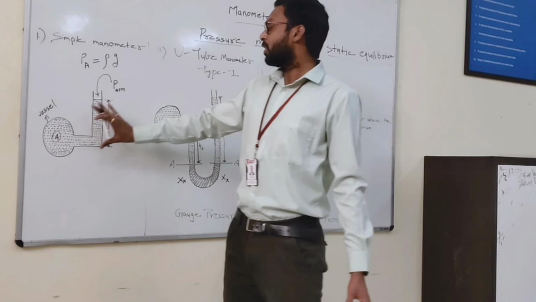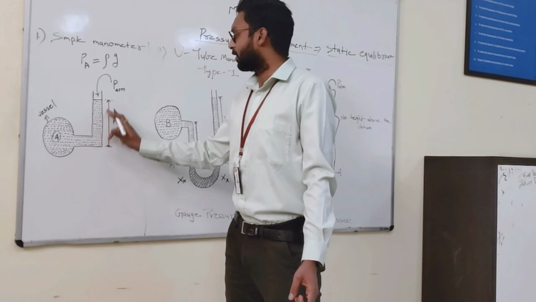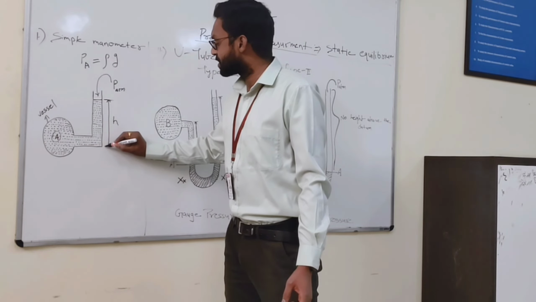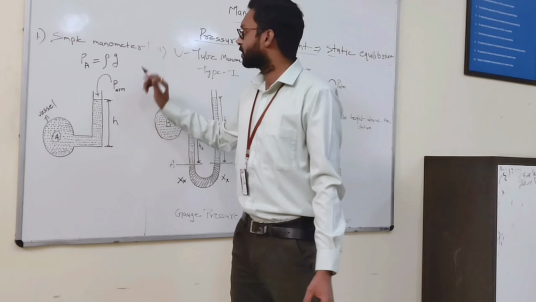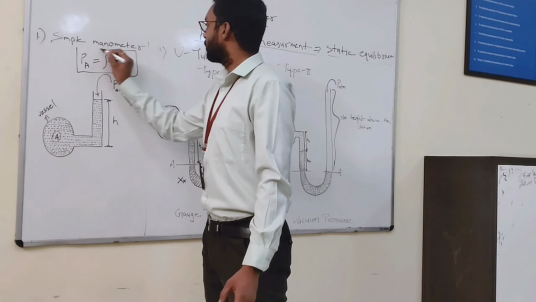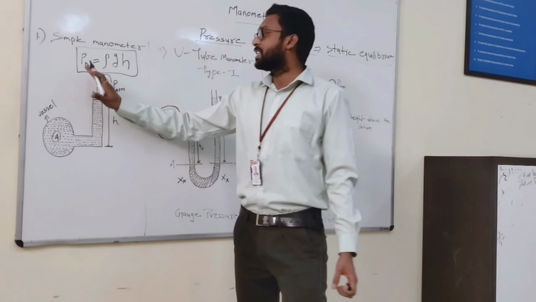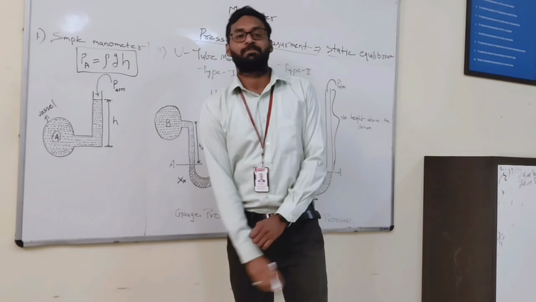The height of the liquid is how high it is raised when we apply some pressure on it. It is raised up to H. So this is the simplest equation to find out the pressure of a given liquid.